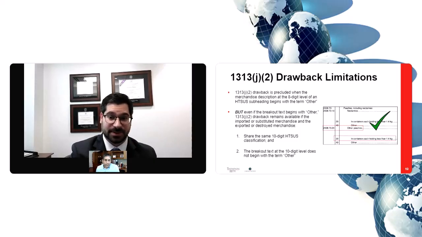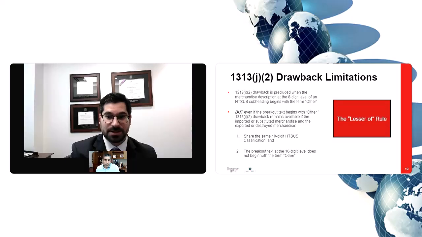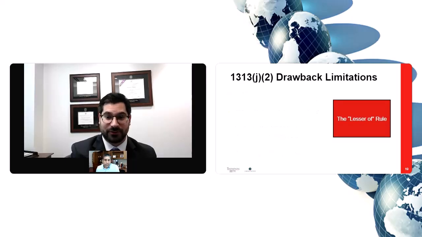That's the first limitation that we talked about. The second, if you recall, was the lesser of rule. Fortunately, it's a lot more simple to grasp. The lesser of rule is pretty straightforward in that first you imagine that the substituted merchandise was imported, in which case it incurred duties, taxes, and fees.